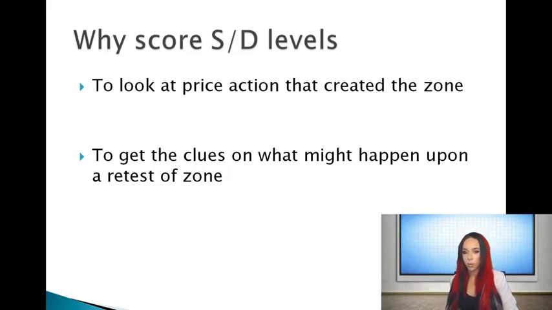When you first start with supply and demand, scoring the zones will put you on a path to recognizing potential problems around the zone, especially on the way to your potential target. But then also there's a condition that says that you need to look at how many times the zone has been touched.